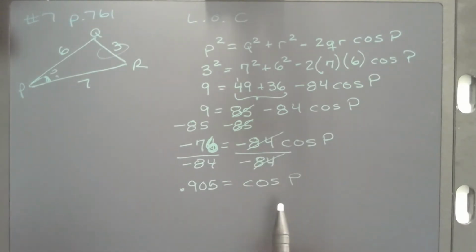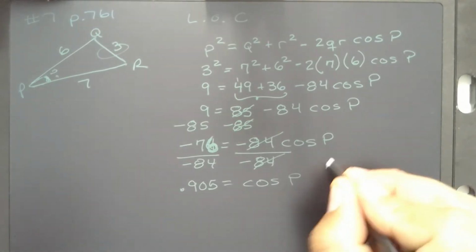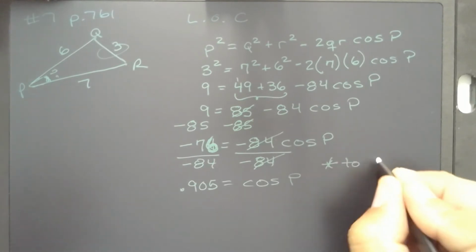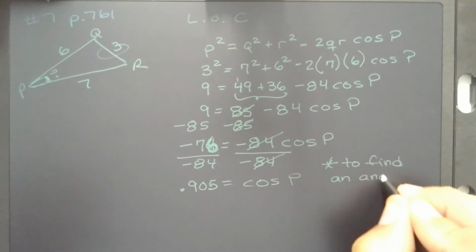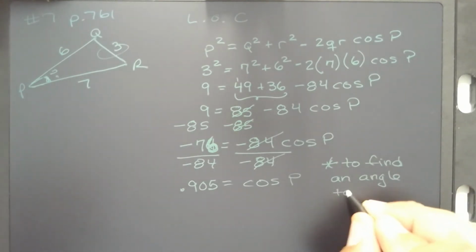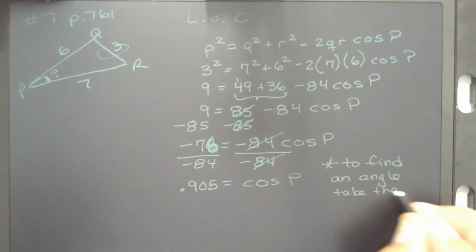And remember, I told you guys before, if we're trying to solve for this angle, what should be my final step? Again, make a note, remember: to find an angle, take the inverse.